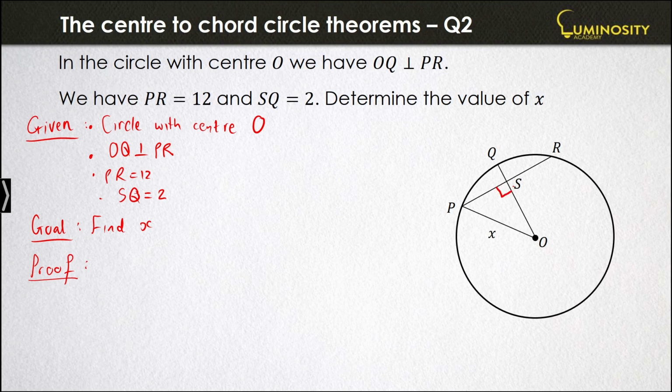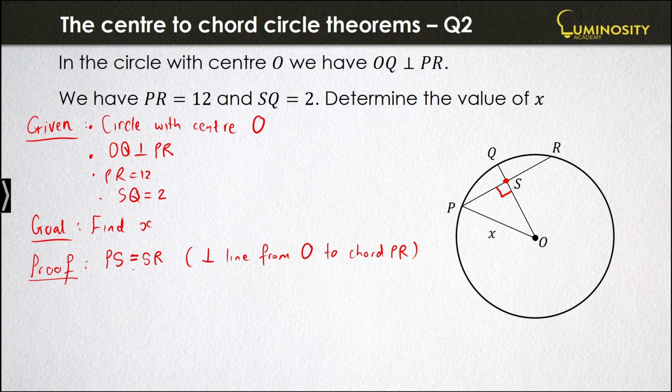And I'm going to conclude that PS, the point of contact here, is equal to SR. My reasoning: perpendicular line from the center O to chord PR. That theorem tells us that if the perpendicular line is drawn from the center O to that chord, it bisects the chord, which means that it cuts that chord in half.